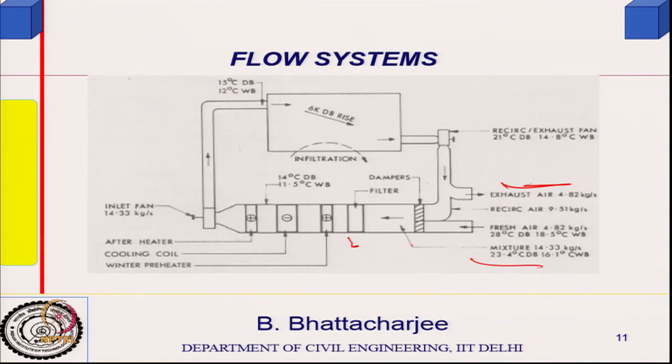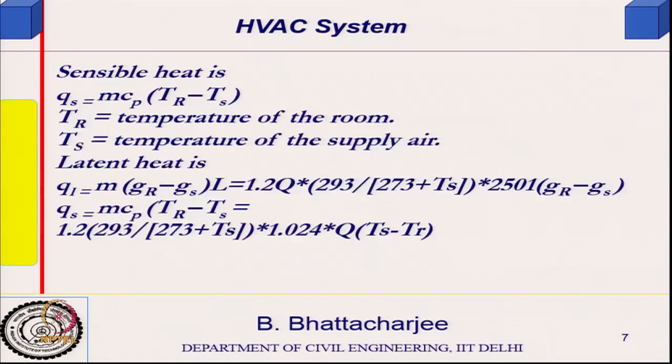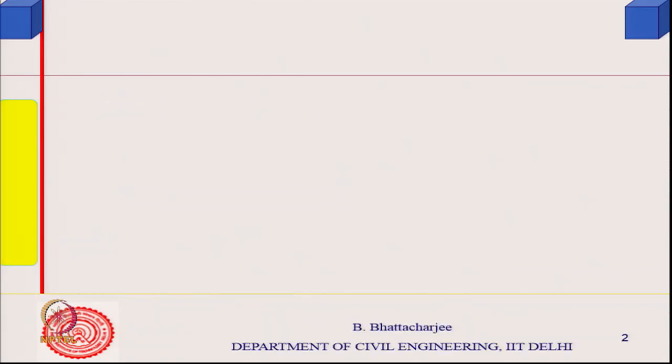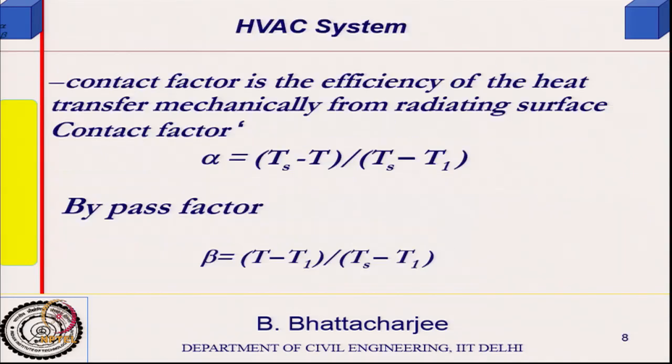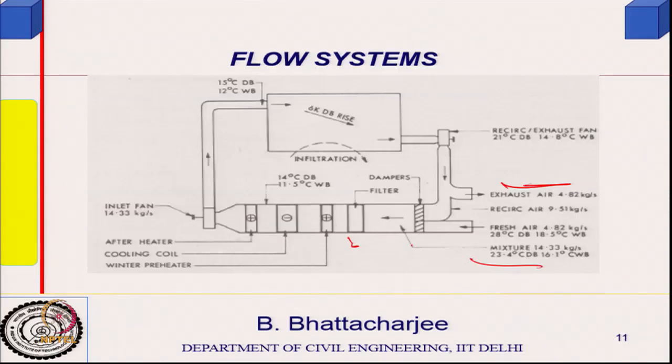The evaporator will be here, which we discussed earlier. We said look at the cycle of refrigeration, and then cooling will be occurring. This will be the cooling coil, where evaporation will take place, and it will cool this air here.